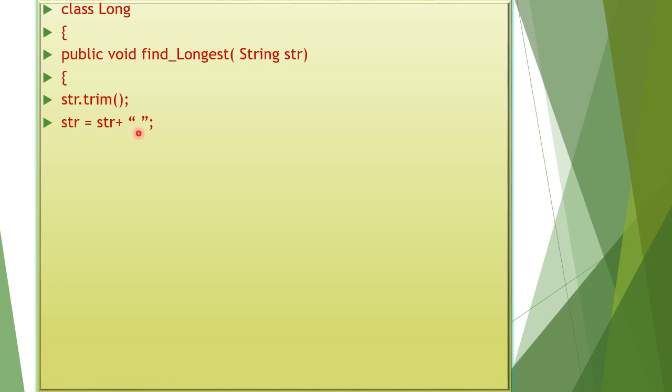By the logic we adopt here, to count the last word, we concatenate a blank space at the end of the sentence entered. That is why we write the statement here, str equals str plus space.